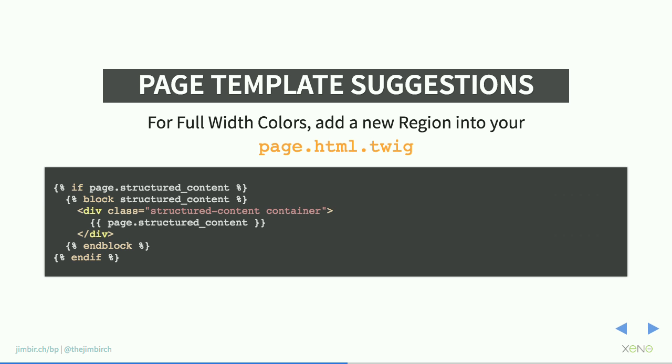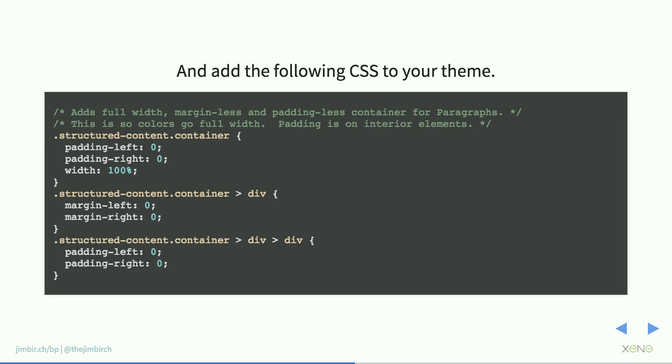To get around this, what I've been doing is making a structured content div region in my page template and having this field print in there, and then adding a few lines of CSS to get rid of it. Basically, the first line says width 100%, padding left and right is 0, and then on the div right there, usually the first row div, there's a little negative margin to offset that first padding. I reset it. And if you do this, the colors will go end to end in a nice modern web design theme.